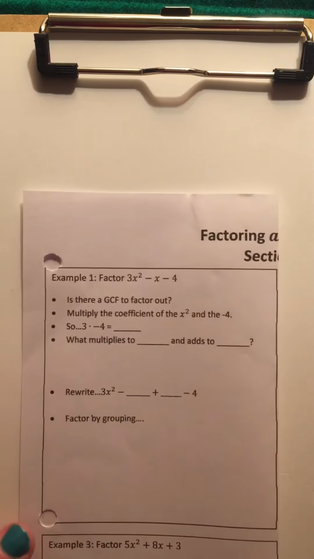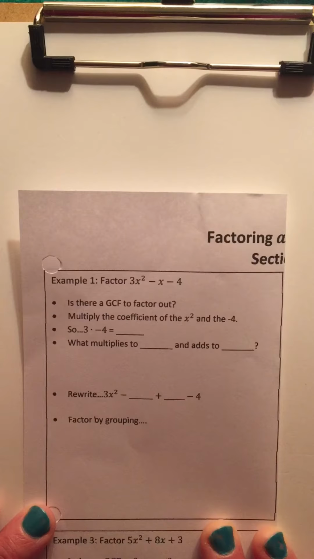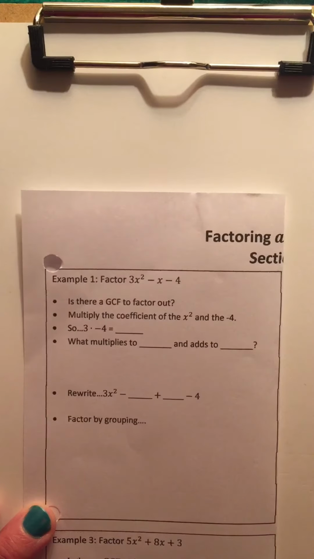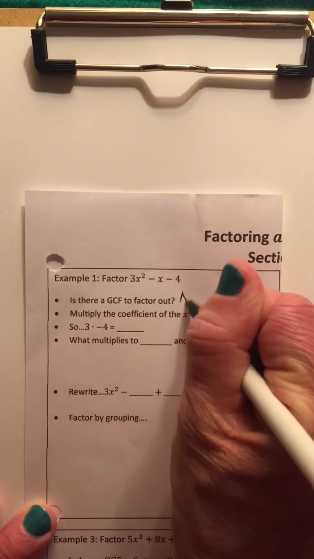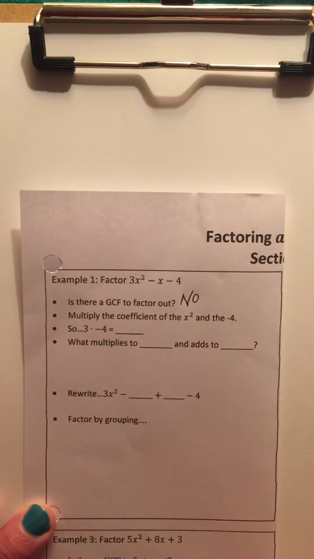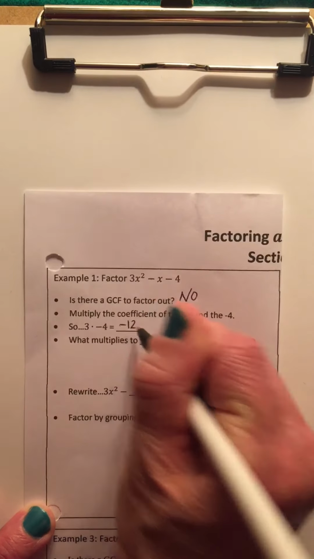Looking at example 1, factor 3x squared minus x minus 4. Is there a greatest common factor to factor out? And that answer is no. So we're going to multiply the coefficient of x squared and negative 4. 3 times negative 4 is negative 12.